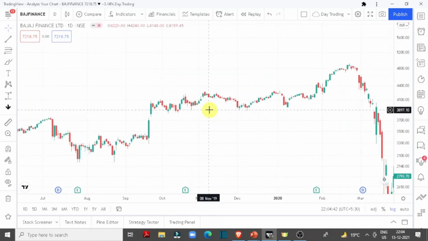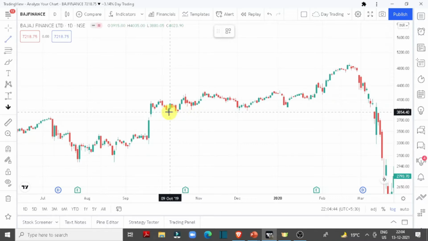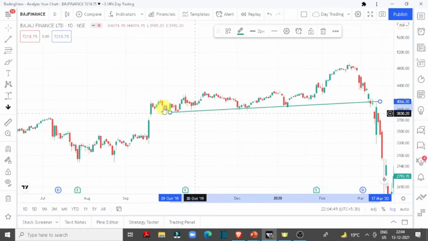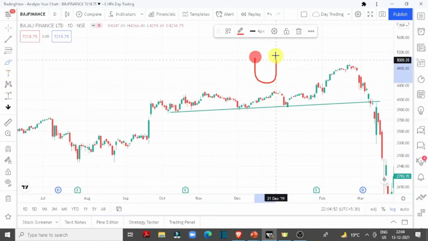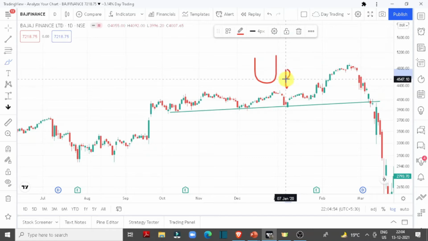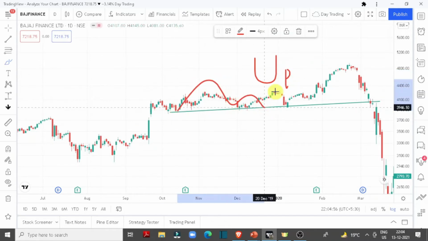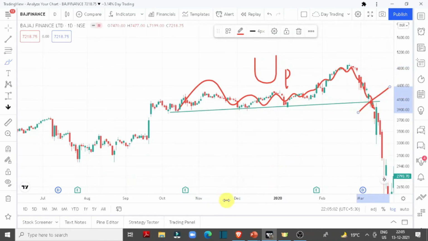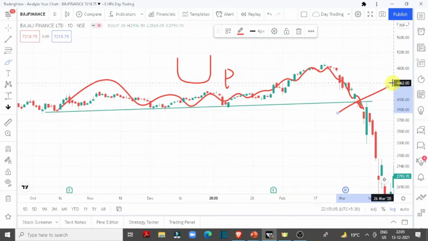Let me draw a trend line so that you can understand the previous trend better. Here you can see that the previous trend was up. Why was the previous trend up? Because the stock was making higher highs and higher lows. But here you can see that the stock broke its previous levels, and suddenly the trend changed.